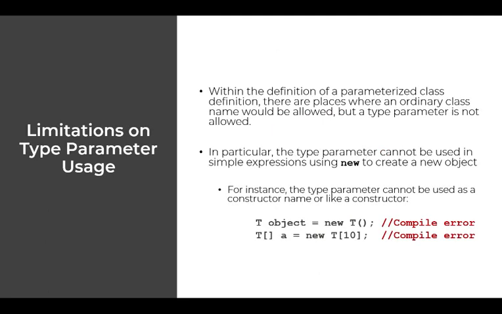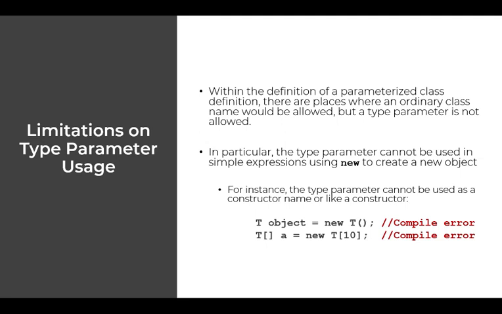So we've got limitations when we look at a type. Within the definition of a parameterized class definition, there are places where another class name will be allowed, but a type parameter is not allowed. In particular, the type parameter cannot be used in simple expressions using new to create a new object. For instance, the type parameter cannot be used as a constructor name or like a constructor.